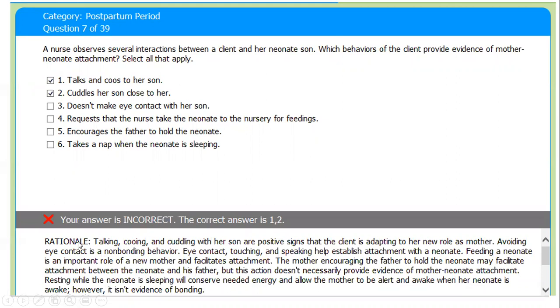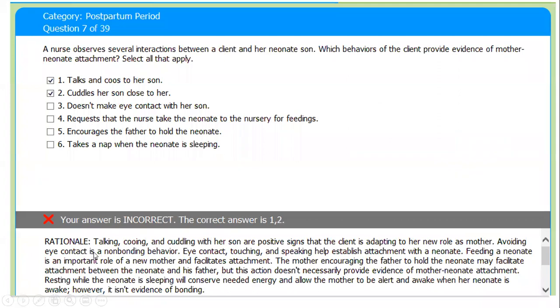So the rationale says talking, cooing, and cuddling with her son are positive signs that the client is adapting to her new role as a mother.